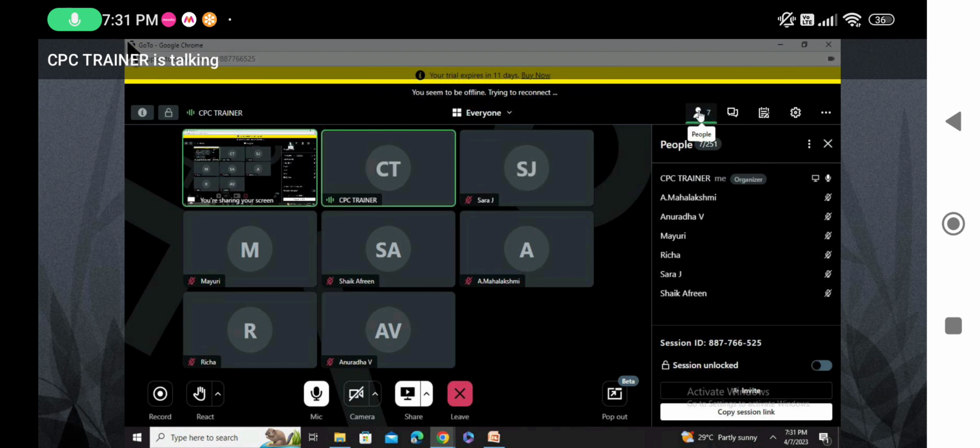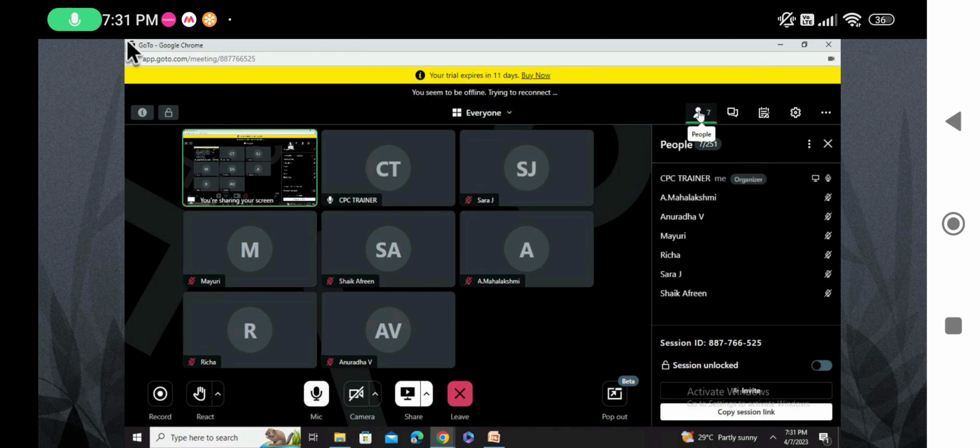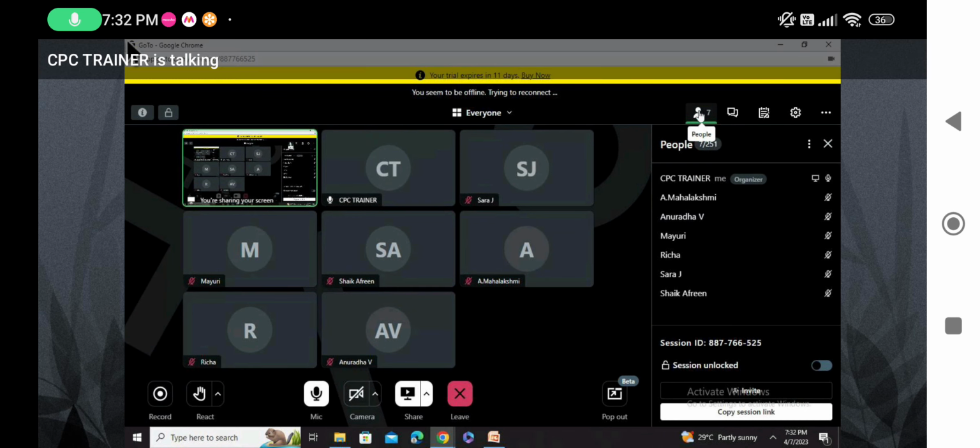So we have 3 codes, guys. Please note down. The first code is 93451, which is for right heart catheterization.